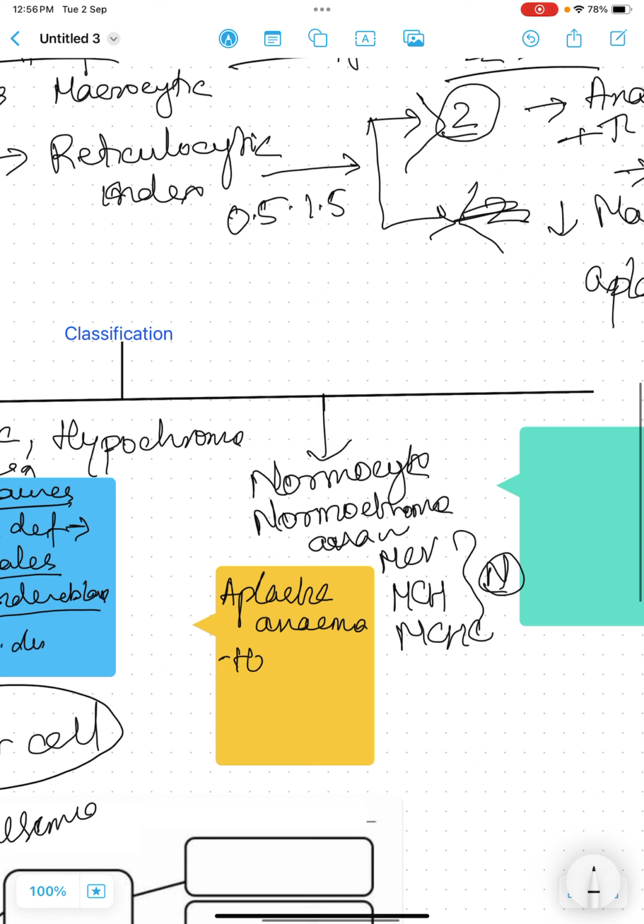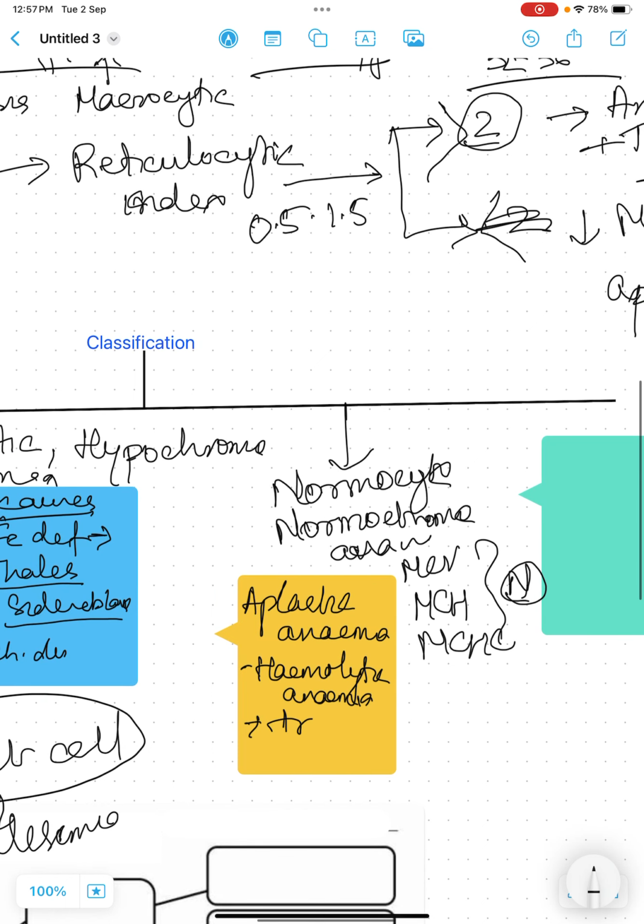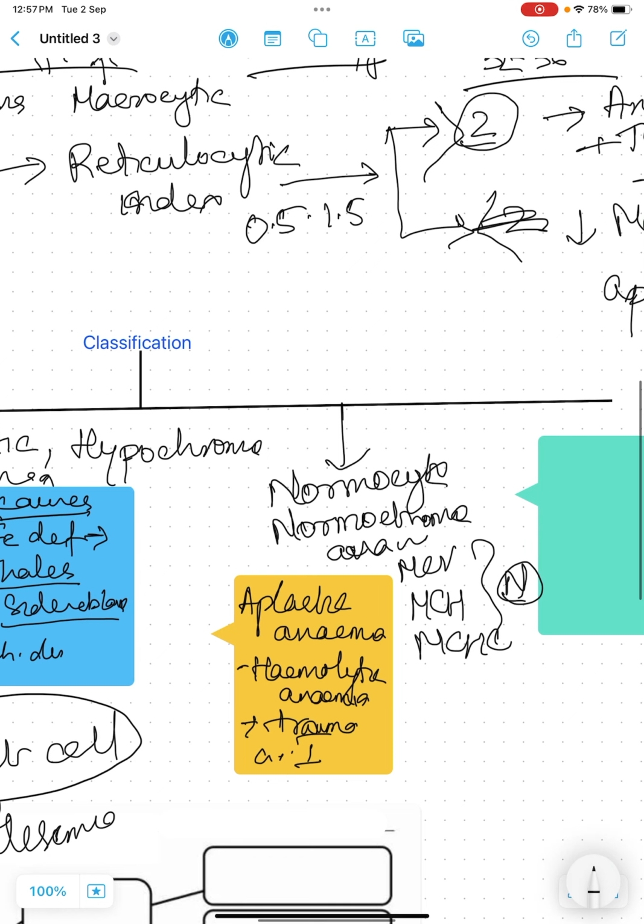Second will be hemolytic, when there is sudden loss. Then there is premature RBC destruction, in hereditary spherocytosis, G6PD deficiency, sickle cell anemia, or any acute blood loss, suppose there is trauma or GI bleeding. One of the most important things to reach a conclusion is to check the reticulocyte index.